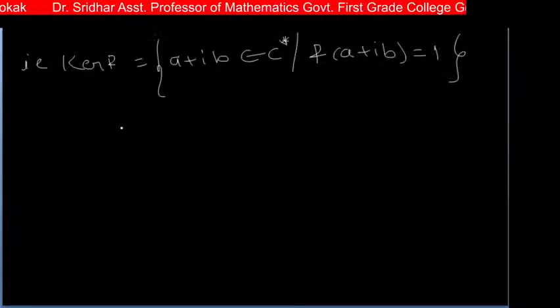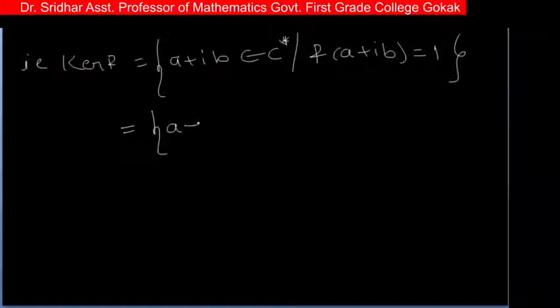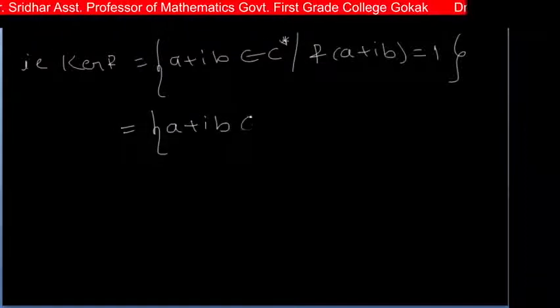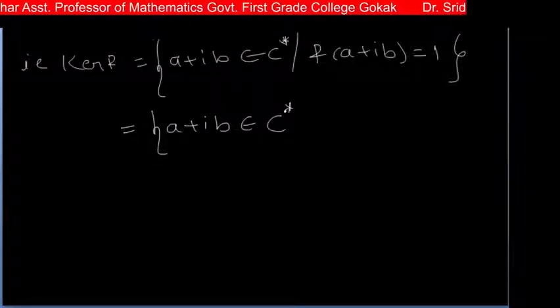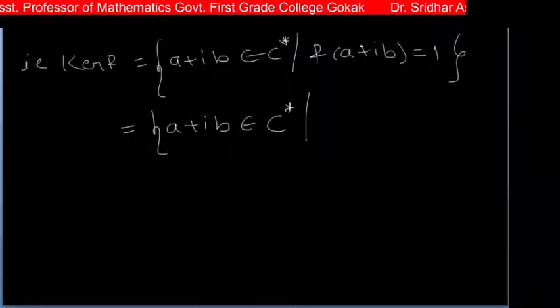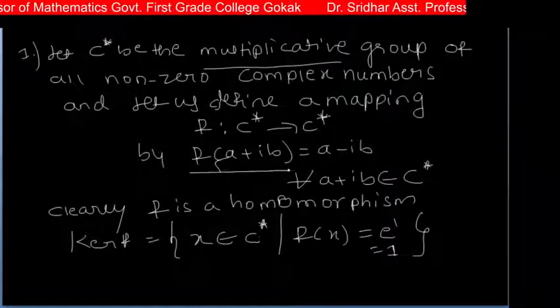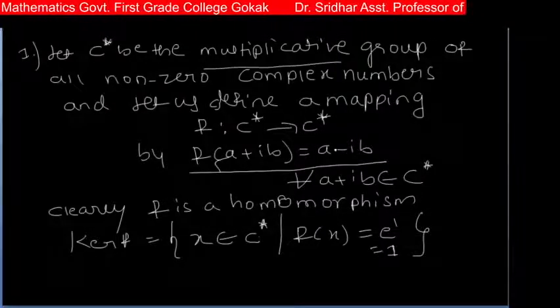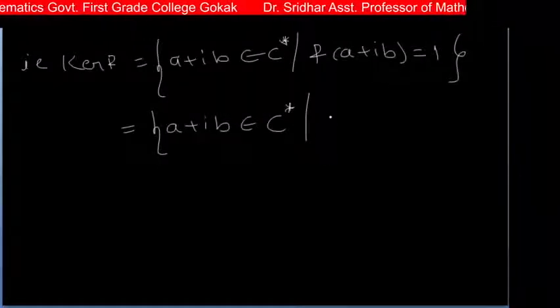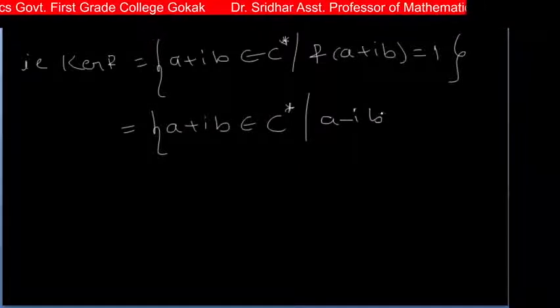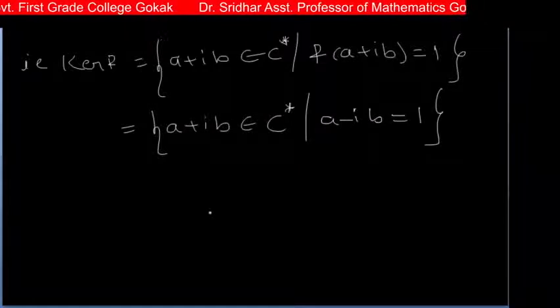So which is equal to a plus ib belonging to C star such that, now what is f of a plus ib? By the definition, f of a plus ib is a minus ib, which is equal to 1.